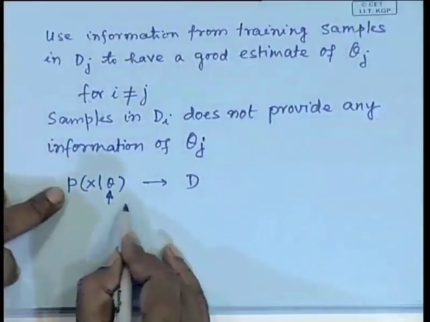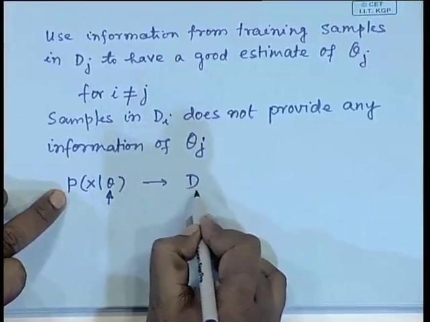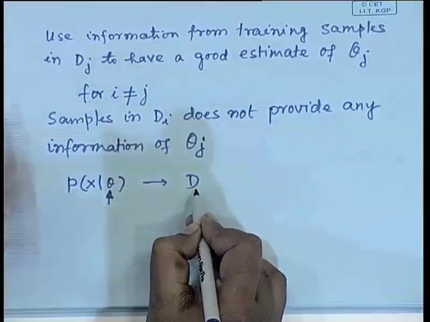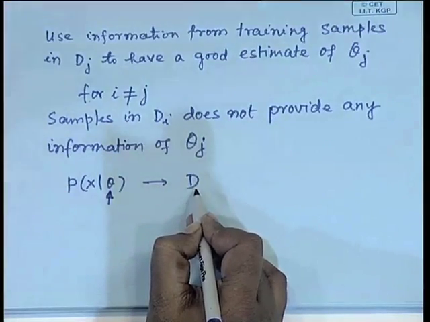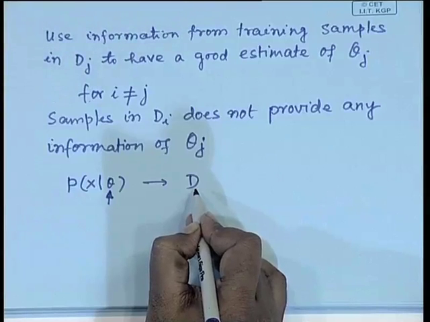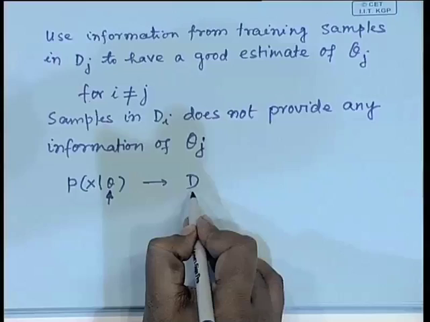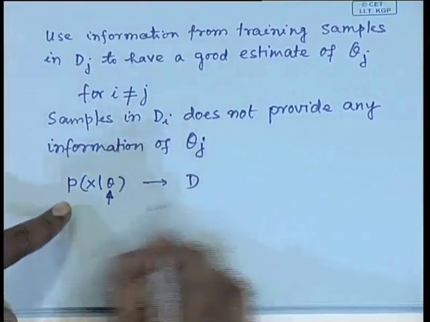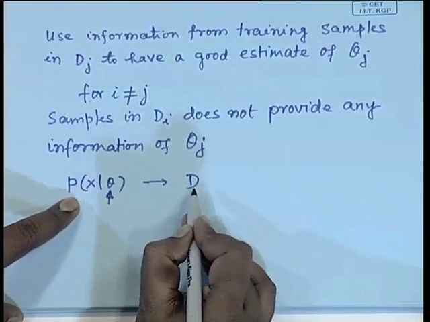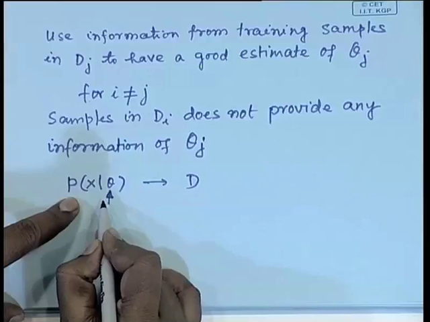Is that clear? So, what I have is a problem where I have a set of samples D. I am not bothered about which set it is or from which class the samples have been drawn. I simply have a set of samples D whose distribution is specified by the parameter vector theta.